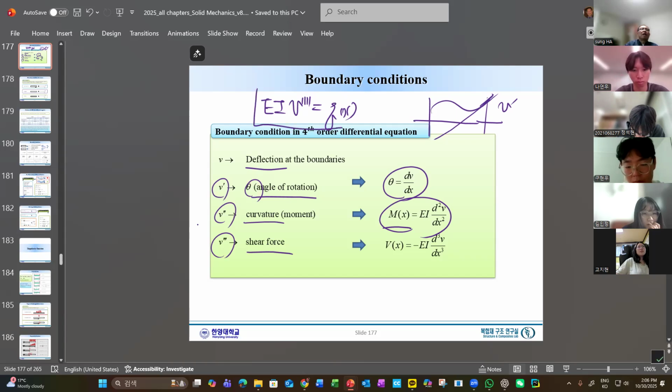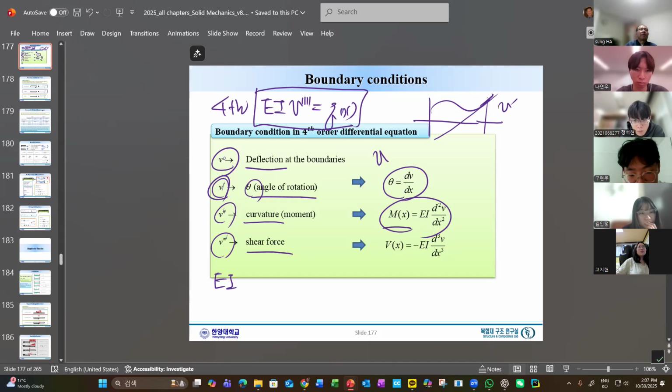See, the point is that we are trying to solve the fourth-order differential equation. We need conditions on deflection, the first prime, double prime, and third prime, and then we have V'''' equal to q(x). So what is the triple prime mathematically?